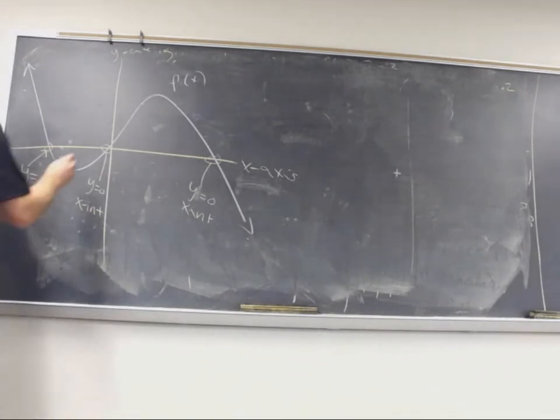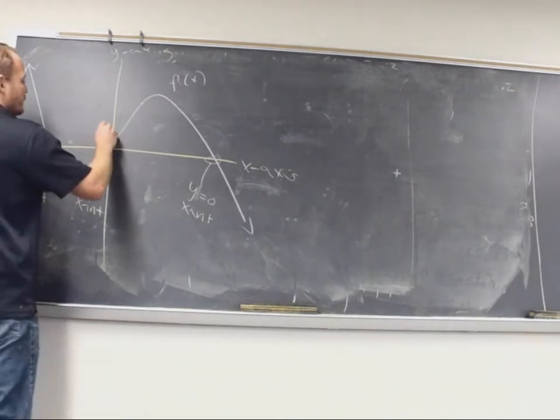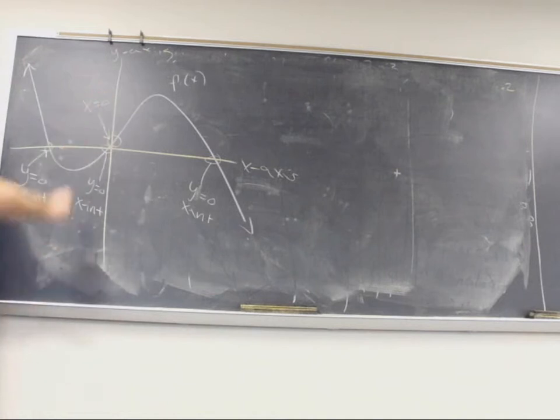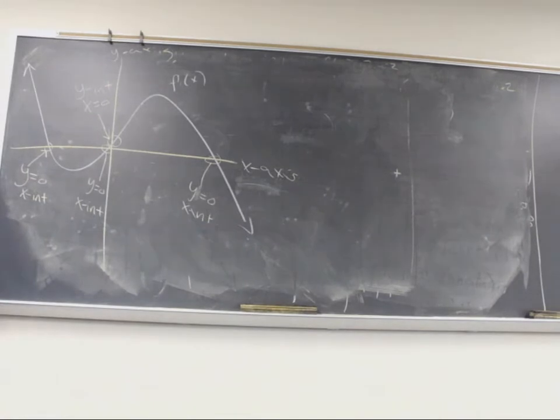And then it crosses the y-axis right there, and that is where x is equal to 0. That's where you find the y-intercept, where x is equal to 0.